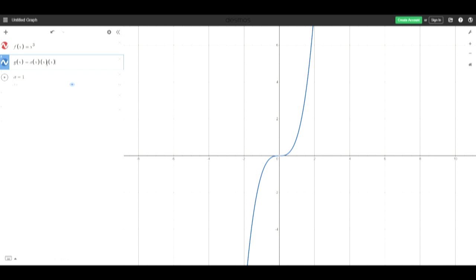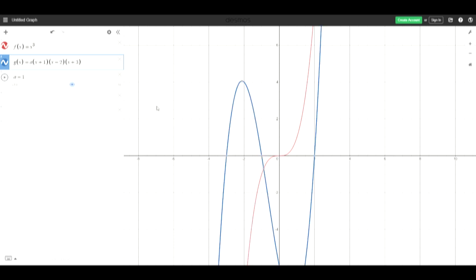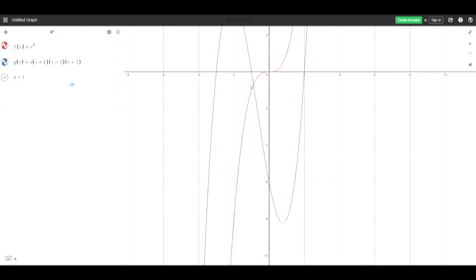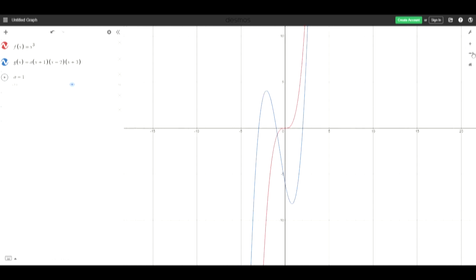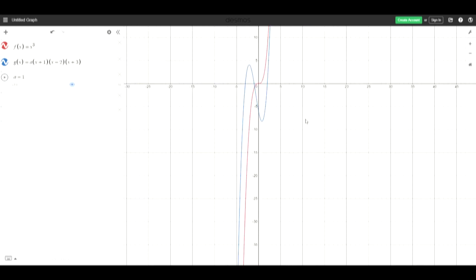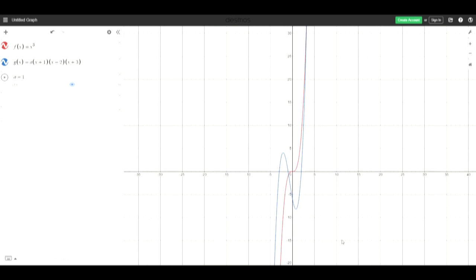But what happens when I start to mess around with what's in here? Once again, let's do +1, -2, and then 3. So I have a crazier wave happening here. But if I zoom out, I can see that my end behavior is still acting the same way.